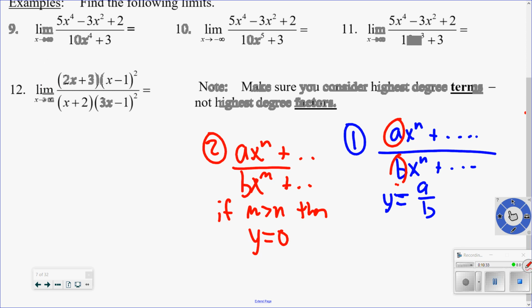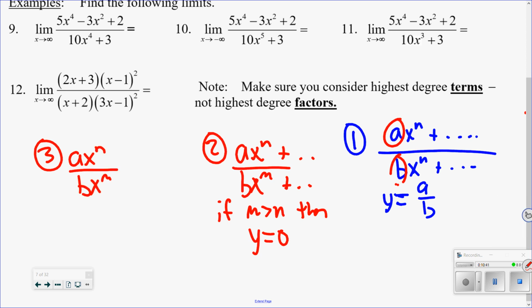So case number 3 is when you have that ax to the n over bx to the m, right? We don't care about what comes after those highest powers. And if the top power n is greater than the bottom one, m, then there is no horizontal asymptote.